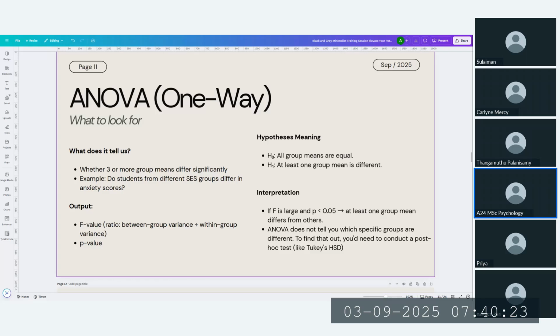For ANOVA, the hypothesis is that all group means are equal. So if the F value is very large, that is, the ratio of the variances is very large, and the P is less than 0.05, that means at least one of the groups is different from the others. That's all it is telling you. It doesn't tell you which group is different. It just tells you one group is different. So what does that mean in practical terms?